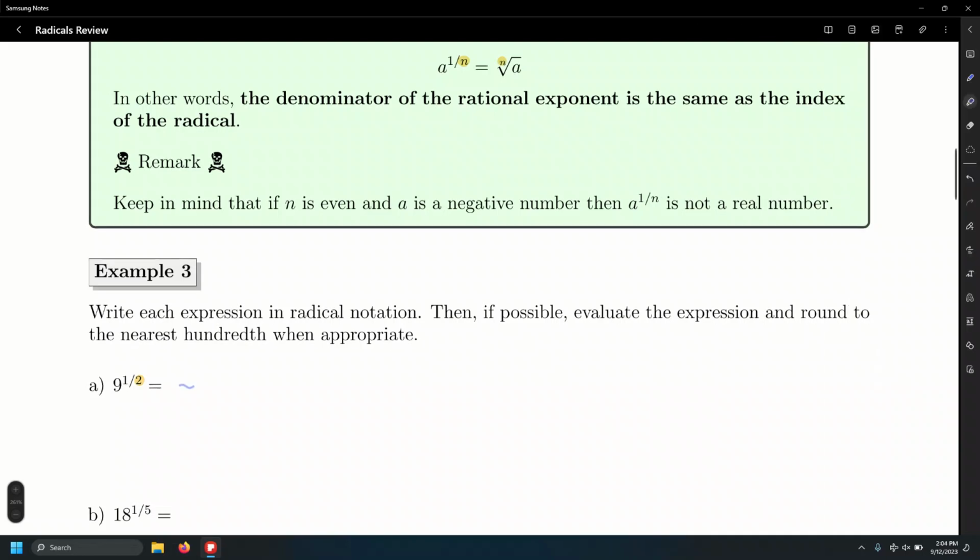So in this case, that'll be the square root of 9. You might want to write a 2, but you don't need to write that 2, because whenever we have that radical symbol without a number in there, that implies a square root, all right? And if possible, evaluate the expression, and what's the square root of 9?